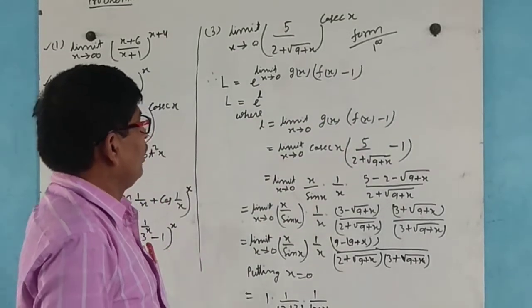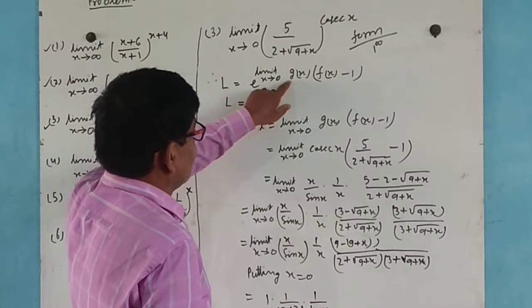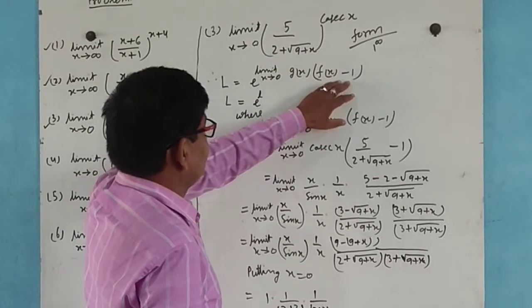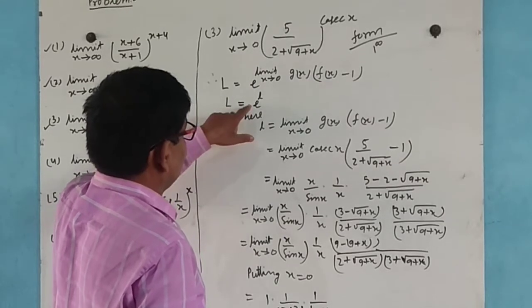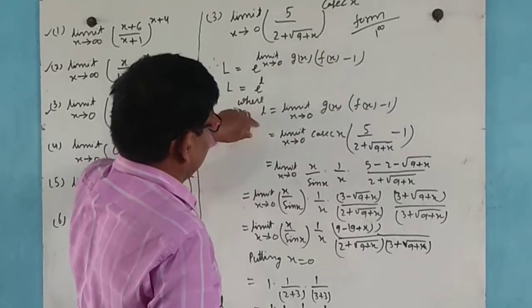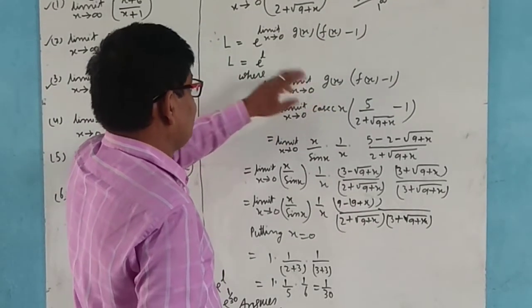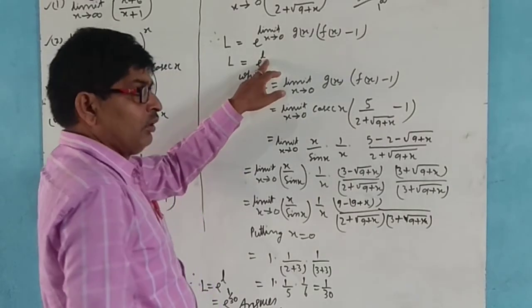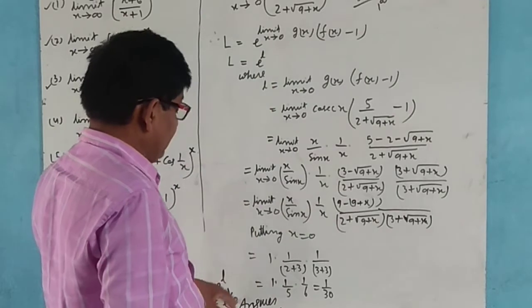Now, the value of the limit equals e to the power limit x tends to 0 g(x) times f(x) minus 1. Now let the limit be e to the power l, where l is this part. We calculate the value of l and put it in this place, and we get our result.